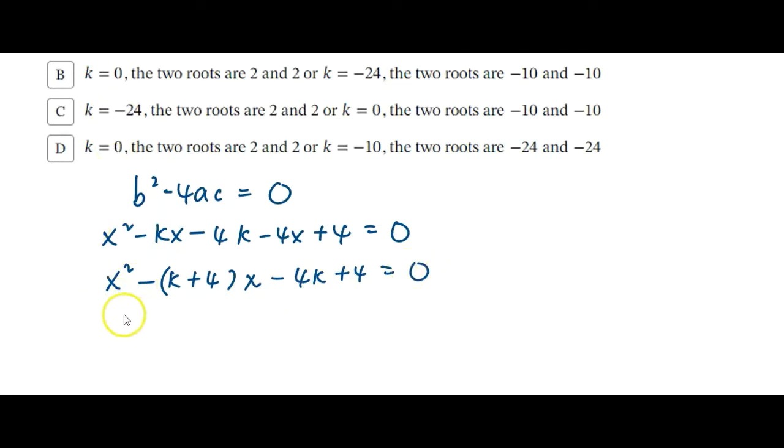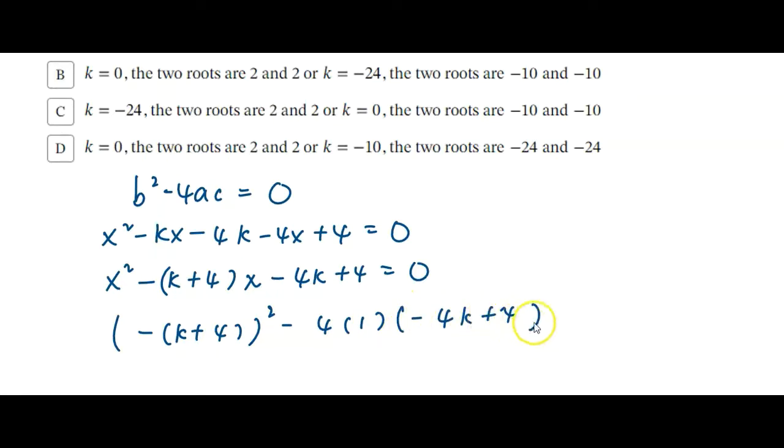So your a is 1, your b will be negative k plus 4, and c is negative 4k plus 4. Then we put a, b, c into b squared minus 4ac equals 0, where I got negative k plus 4 squared minus 4ac, c is your negative 4k plus 4, equals 0.